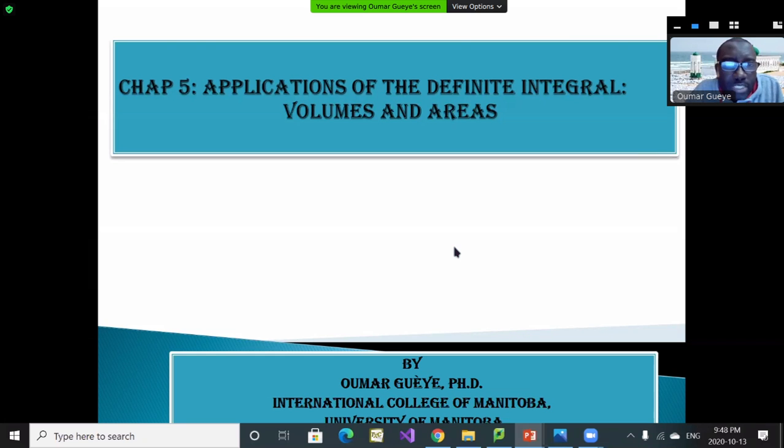So we have many applications, in fact, but here we'll be interested in 2 applications, calculating areas and also calculating volumes. So today I'm gonna show you how to find areas, and then tomorrow we'll see the volumes. If you remember in the previous chapter number 4, we've seen how to find the area of a region bounded by one curve, the x-axis, when x is between a and b.